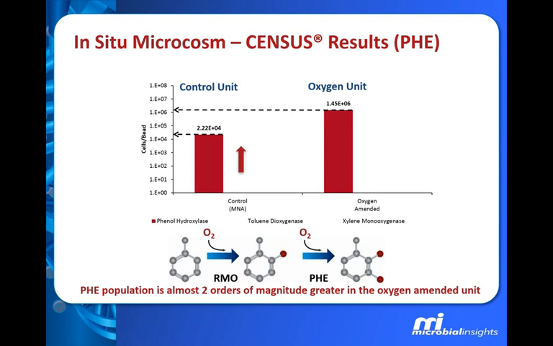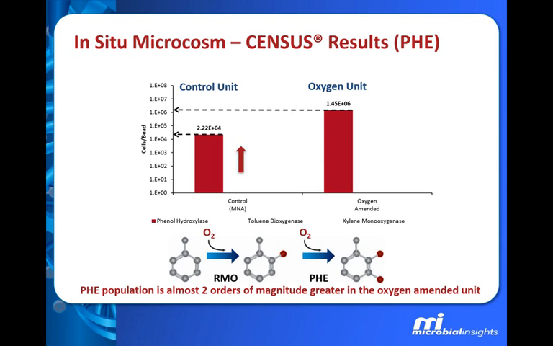So just to show you quickly some of these results, looking at 3 different genes involved in aerobic hydrocarbon degradation: phenol hydroxylase, toluene dioxygenase, xylene monooxygenase. Here in each case, we're comparing the control, or the MNA, compared to the oxygen amended.